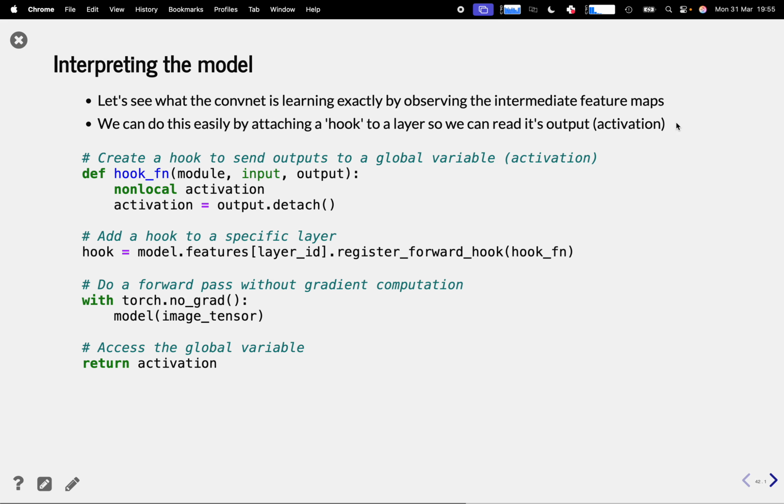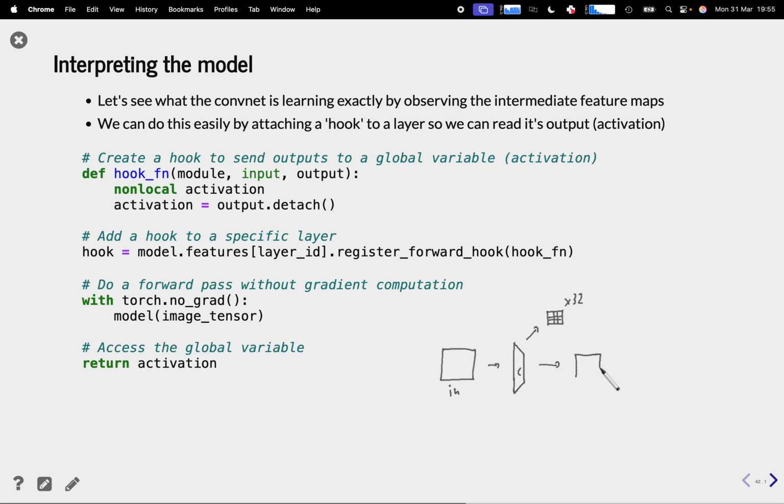Remember that when we are building a network, we take an input image and we feed that to a convolutional layer. That convolutional layer has a number of filters, say 32, and each filter will run over the image and give us a certain output.